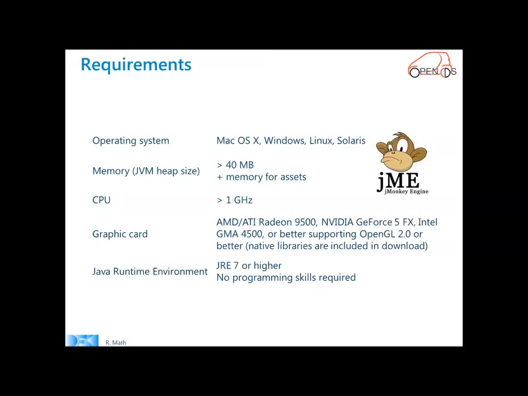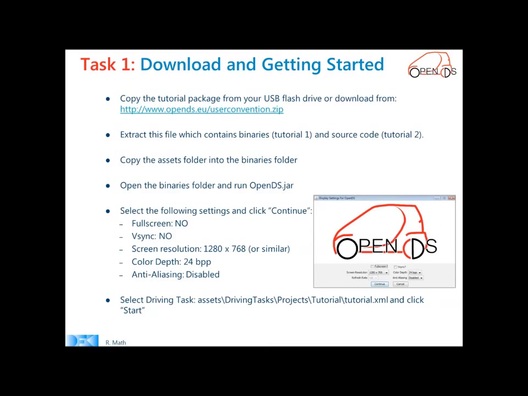The experience shows that computers that are, let's say, not older than 3 years perform well with our simulator. And of course, you need to install a Java runtime environment. I recommend the newest one, 7 or higher. Yes, as already mentioned, for this tutorial, you won't need any programming skills at all.